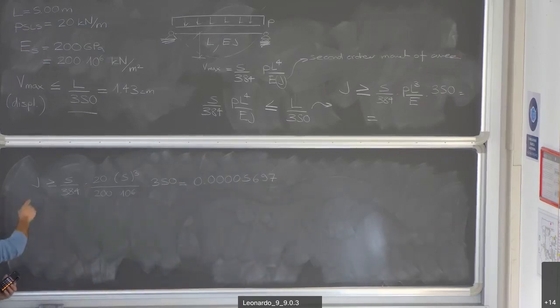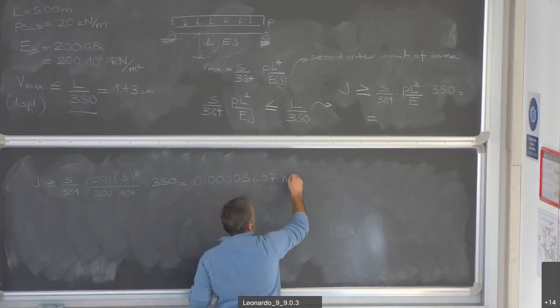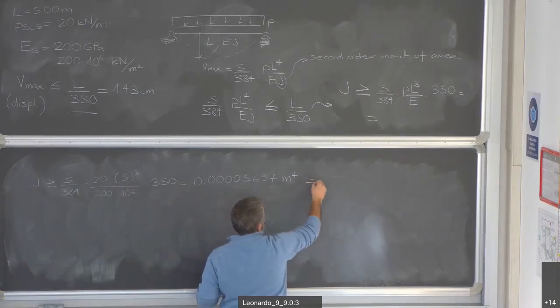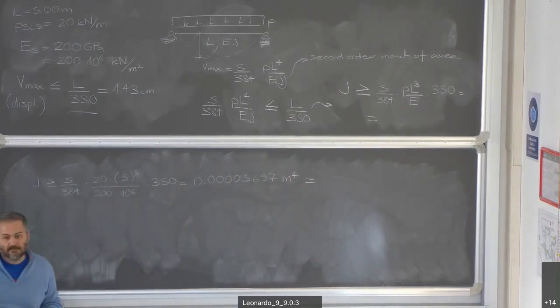What are the units of measure? I'm working out a second order moment of area which has the units of measure of a length to the power of 4. Since I work with meters, this is m to the power of 4. How do I transform it into centimeters? How many centimeters are there? 100 to the power of 4?